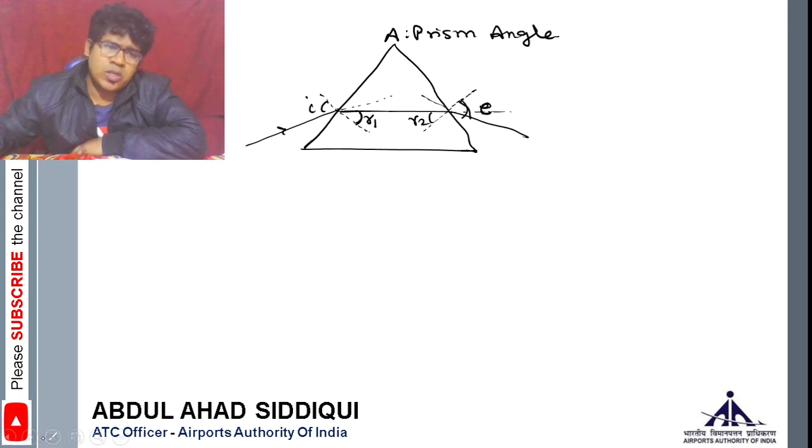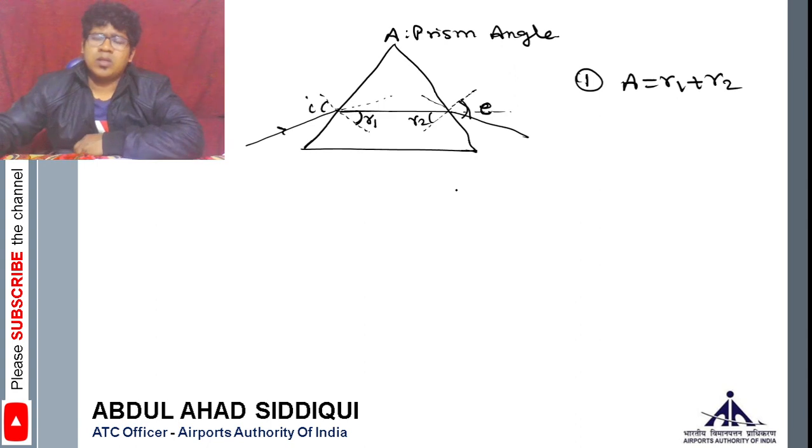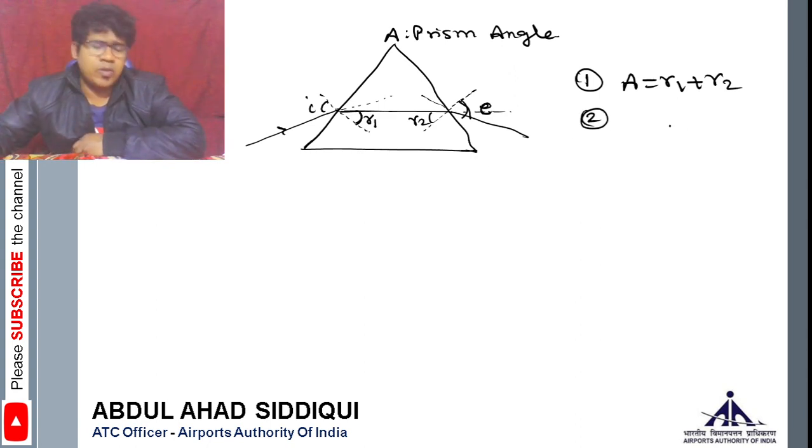The derivation you can do at home. First thing is that A is equal to R1 plus R2. A is equal to R1 plus R2. By different calculations you can prove it, but it's not needed. We will not be doing proving, we're just simply calculating it. So let's say the light was initially going here, and finally it is going here.